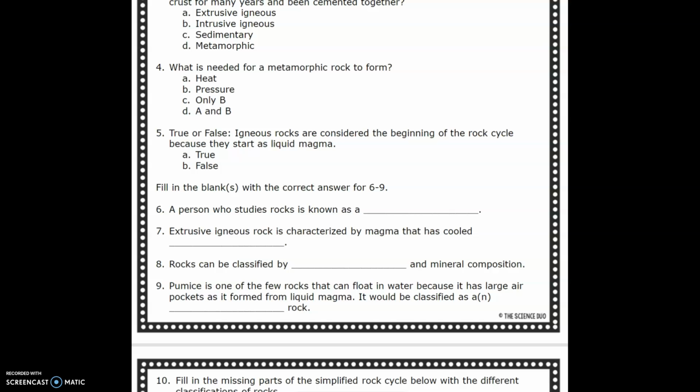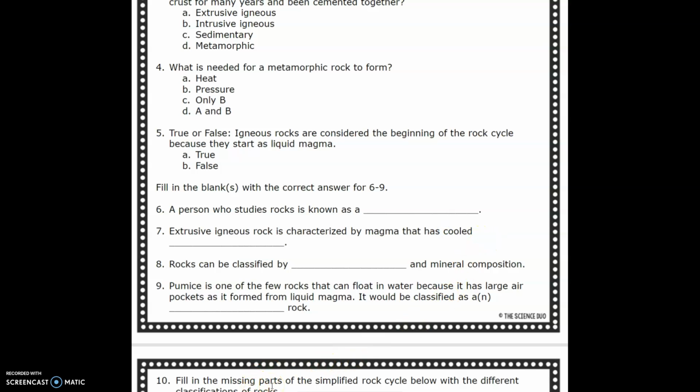So lava. Extrusive igneous rock is characterized by lava that has cooled rapidly, quickly, because of being exposed to the air. So this word right here is supposed to be lava, because once it's on the outside of Earth's surface, it's lava.